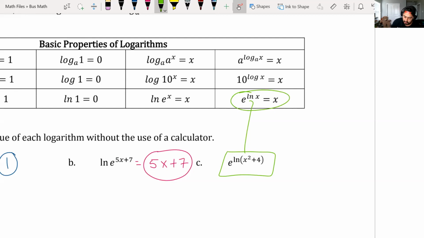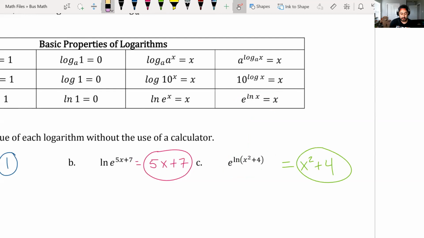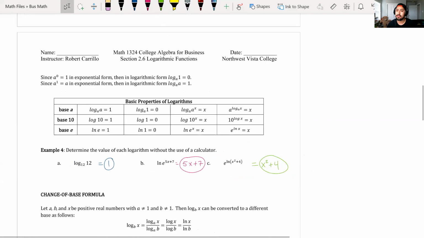So with that being said, this is just going to equal the inside of this log, x squared plus 4. That's it. That's using those log properties. Now, do you have to remember all those log properties? Sure, why not? Or you can type them in a calculator.